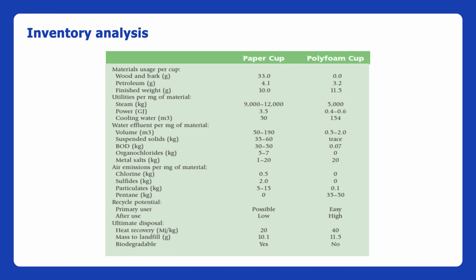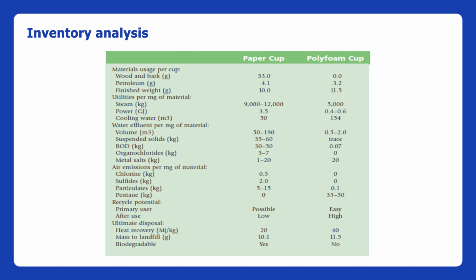For the paper cup, in terms of wood and bark, they contain 33 grams compared to polyfoam. They have no wood and bark there, because that appears as 0.0. And in terms of petroleum, for example, the paper cup contains 4.1 grams compared to the polyfoam cup, only 3.2.